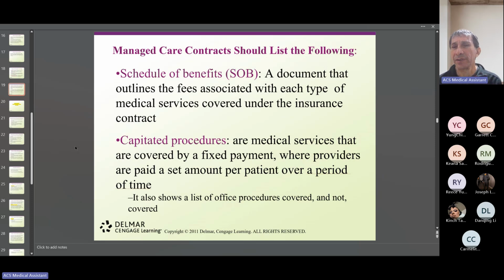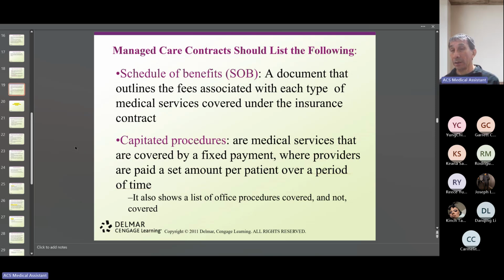A capitated procedure is how the insurance company pays the medical providers for each patient.